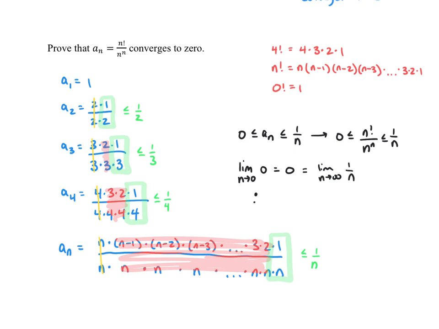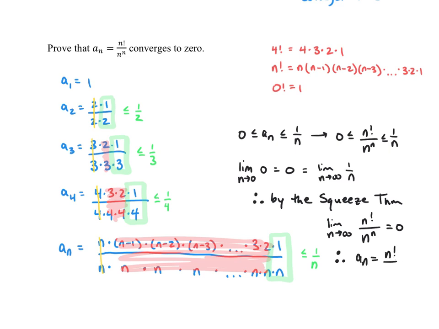And so what we could say is that therefore, by the squeeze theorem, the limit as n goes to infinity of n factorial over n to the power of n must also be 0. And we could conclude by saying therefore a sub n, which is n factorial over n to the power of n, converges to 0.